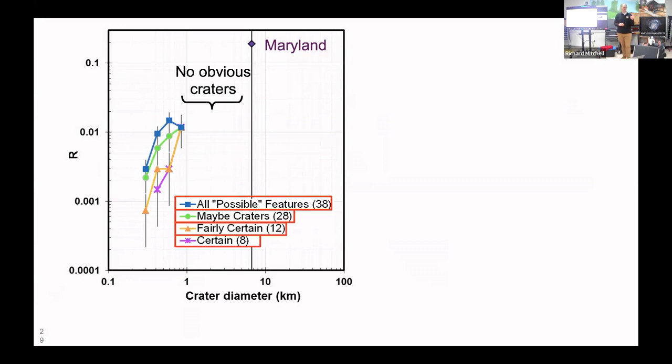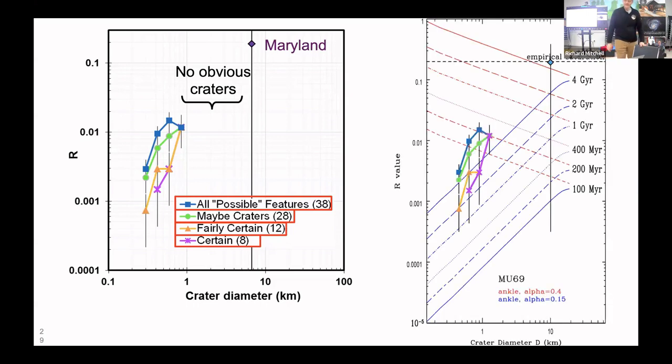There is no way to get more craters as you get smaller. There are fewer craters as you get smaller. And I will draw on our prediction. Yeah, there it is. So that is how it looks when you put it on top of the prediction plot. It is completely consistent with this scenario.